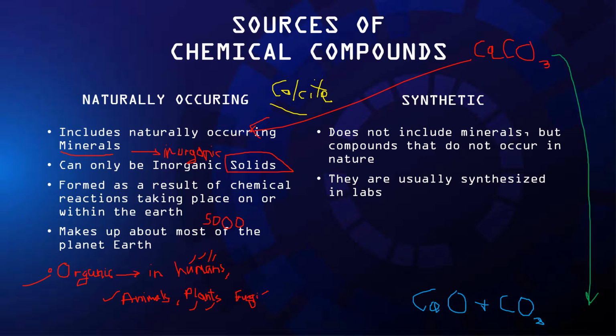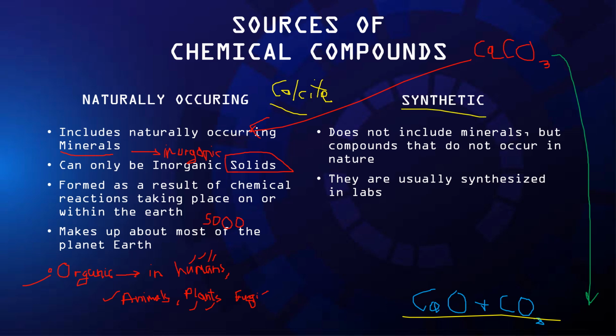So this is how we can synthesize calcium carbonate in a laboratory by using hydrated lime and CO2 gas. This is how we can make synthetic compounds. It's generally done in laboratories. Whatever chemicals we get in markets or shops are all synthetic.